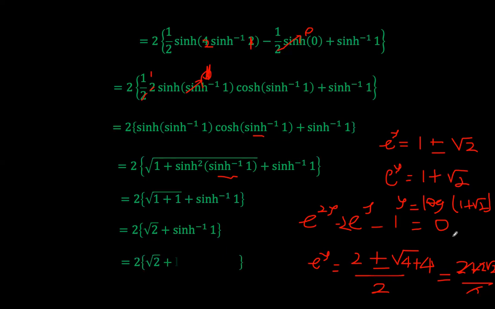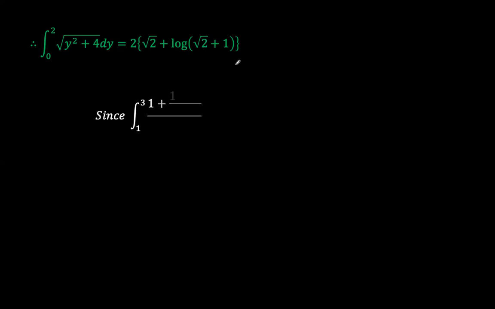And so we plug that in, and that is the green integral, right? So the integral from y equals 0 to 2 of the square root of y squared plus 4 is equal to twice the square root of 2 plus the natural logarithm of root 2 plus 1. But our original integral is equal to negative 1 plus half of that green integral.